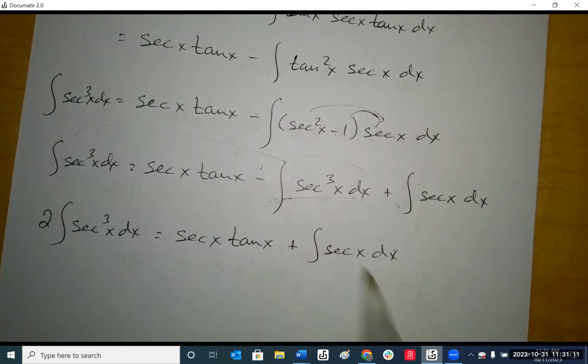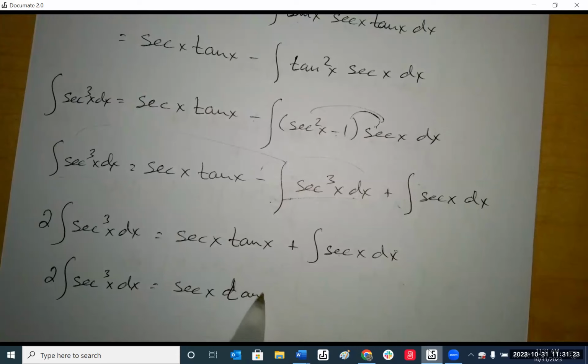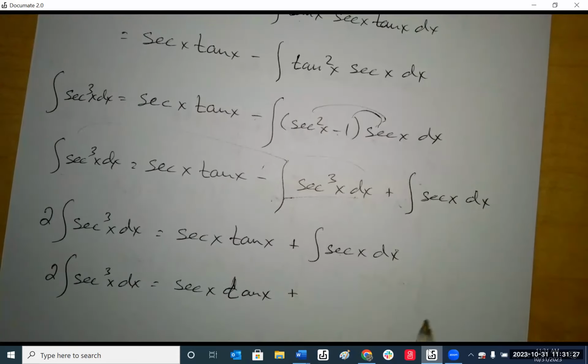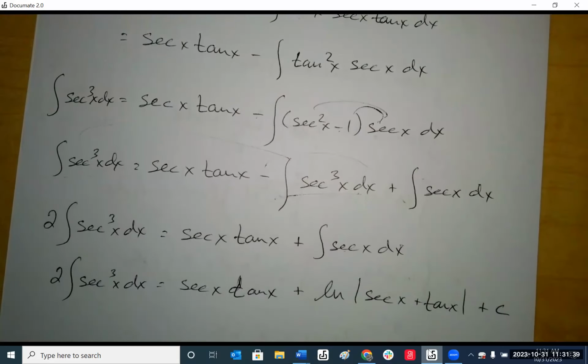The integral of secant x is ln secant x plus tangent x, I believe, plus c.